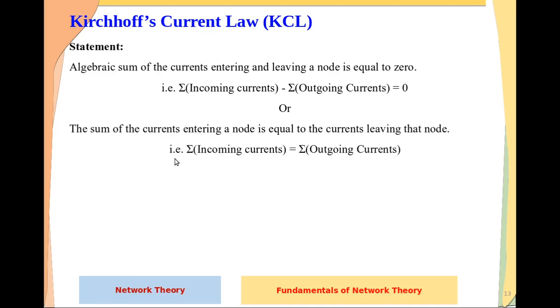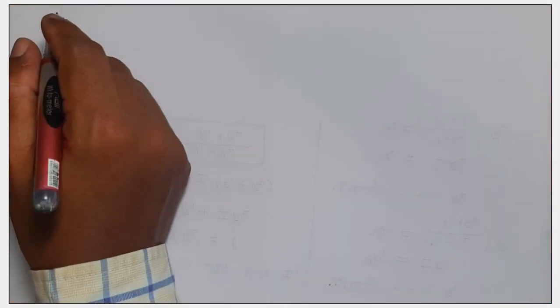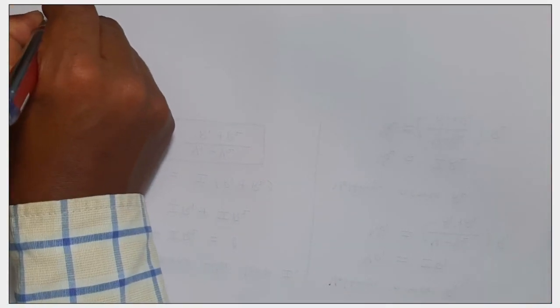That's sigma incoming currents equals sigma outgoing currents, or sigma incoming minus sigma outgoing is equal to 0. Dear students, before we proceed further, let us take one example and try to understand this particular law. So now we are going to discuss KCL.